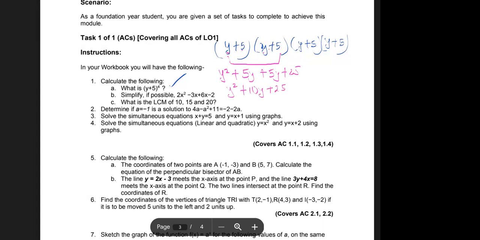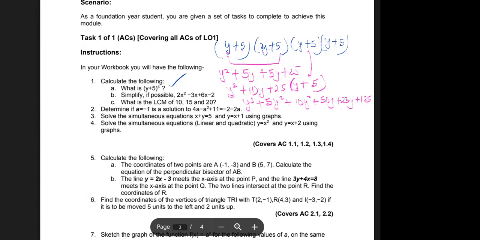Now, you can try and expand it again with one of these brackets, y plus 5. So y squared times y gives you what? y cubed. y squared times 5 gives you what? 5y squared. 10y times y gives you what? 10y squared. 10y times 5 gives you what? 50y. 25 times y gives you what? 25y. 25 times 5 gives you what? 125.